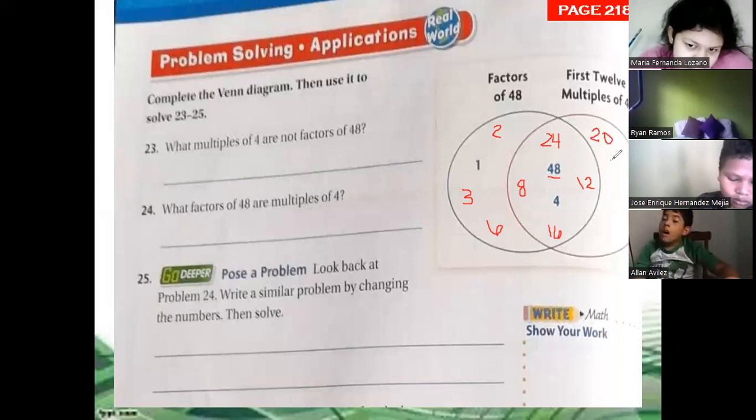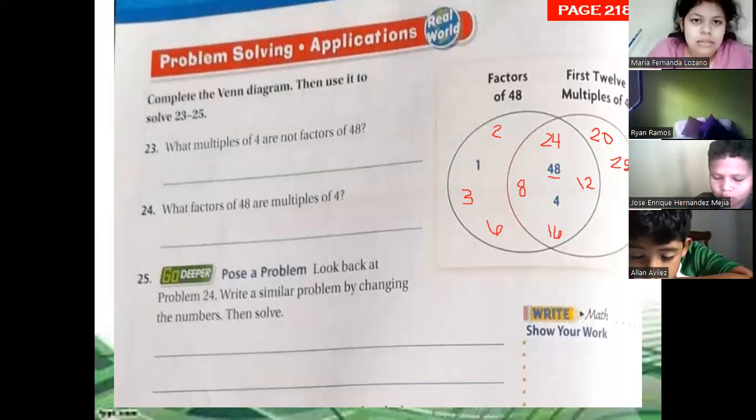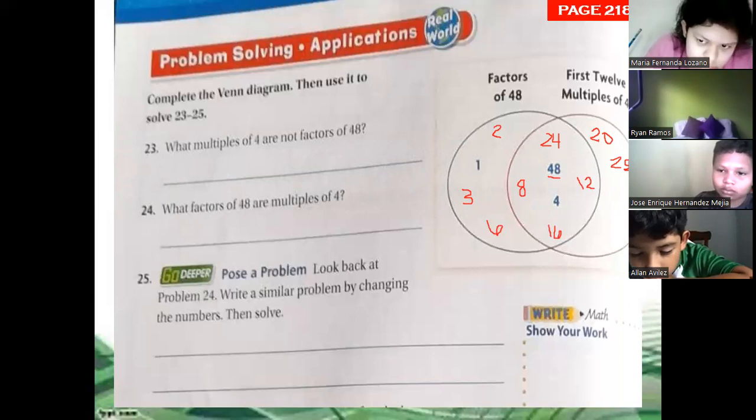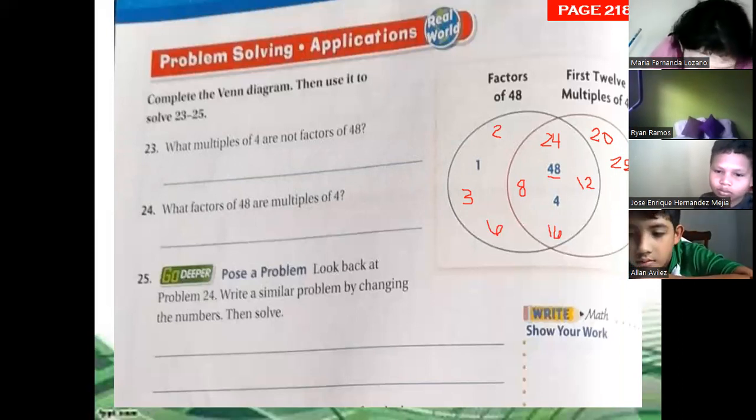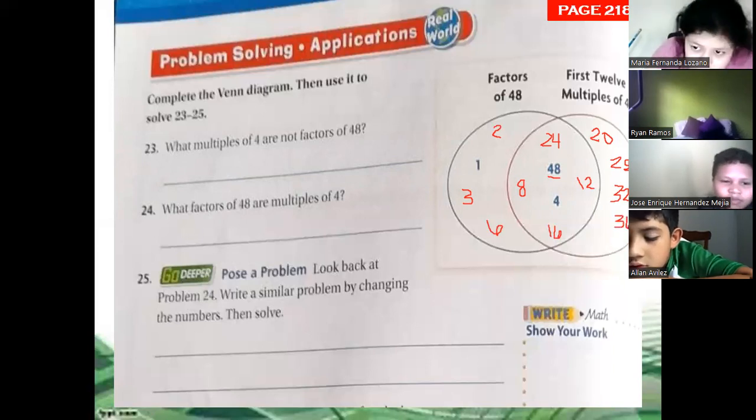Times 7, 28. 4 times 8, 32. 4 times 9, 36. 4 times 10, 40.